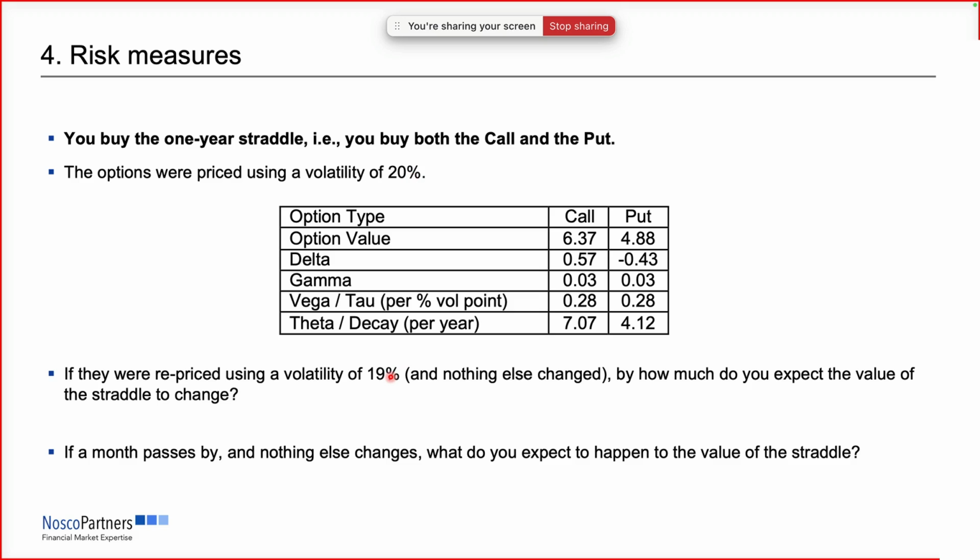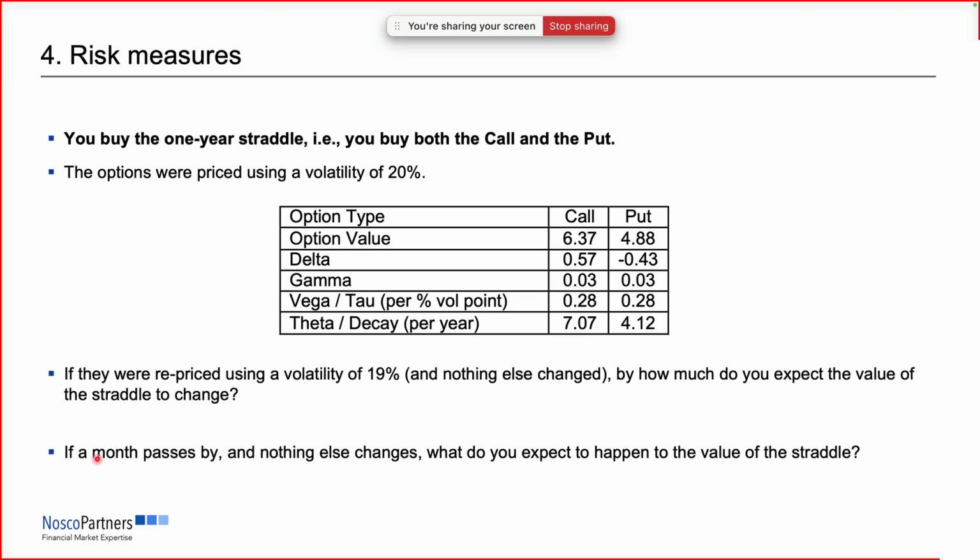You can say, what would happen with the value of my option if the volatility, the implied volatility, so kind of the fear of the people, changes from 20 to 19%, and nothing else changes in my option world? By how much would the value of the straddle change?